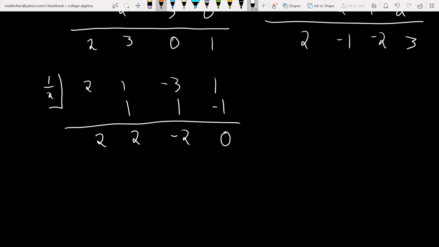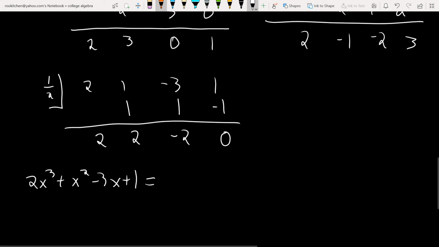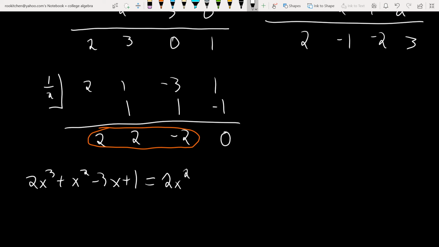So again, the original polynomial 2x cubed plus x squared minus 3x plus 1. I can factor that now using this thing here. So that will be 2x squared, just 1 degree less than the original, plus 2x minus 2 is one of the factors.